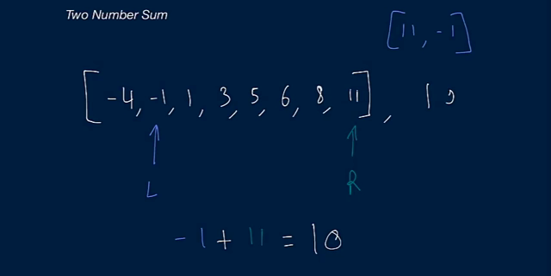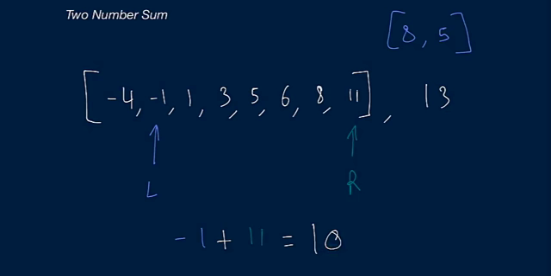Okay, so if we were looking for the number 13, and the answer was 8 plus 5, then we would have here the sum 10, and 10 would be smaller than 13.